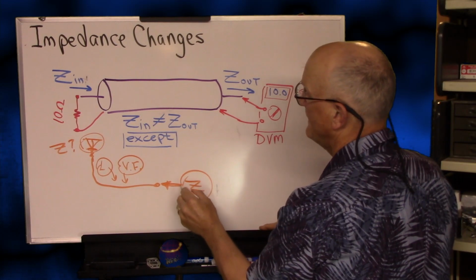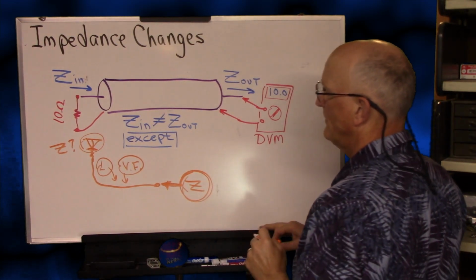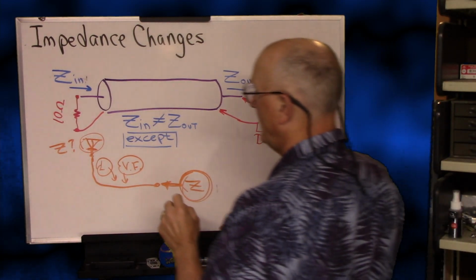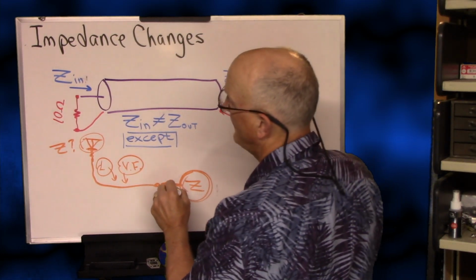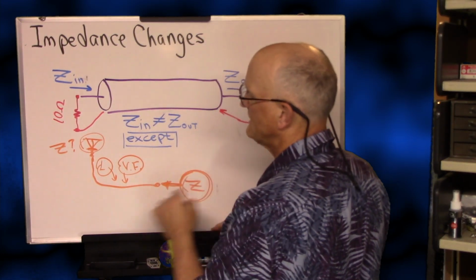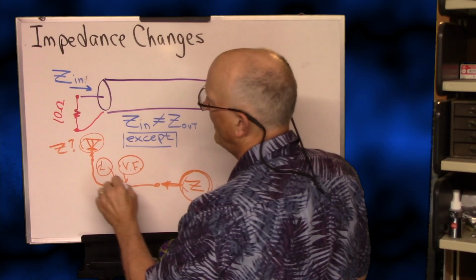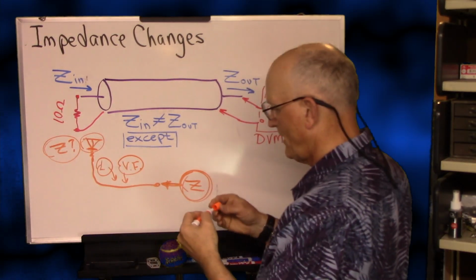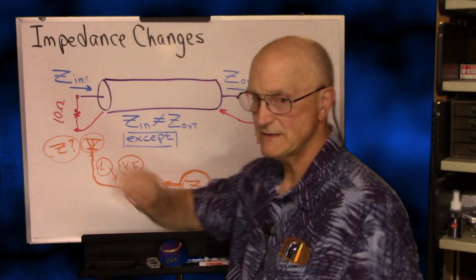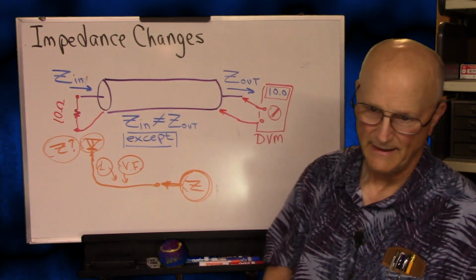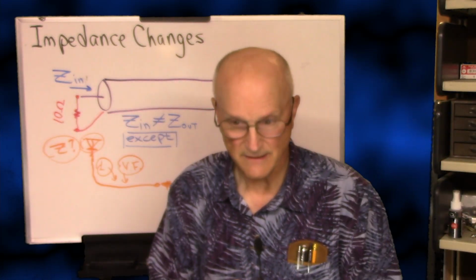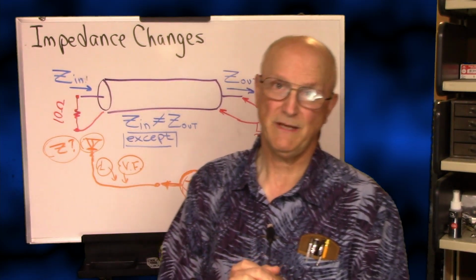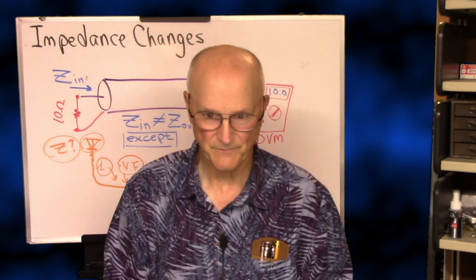We can plot this impedance on our Smith chart, and then using the Smith chart, we can back up all the way to the antenna and read right off the Smith chart what the impedance of that antenna is. And all of this because the Smith chart does the impedance transformations for us.